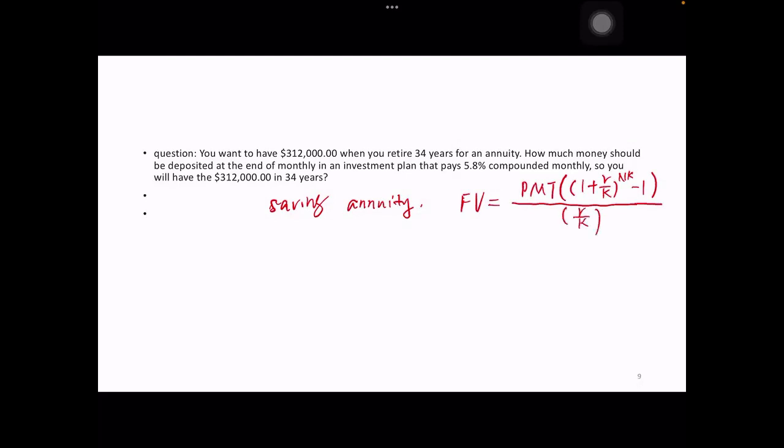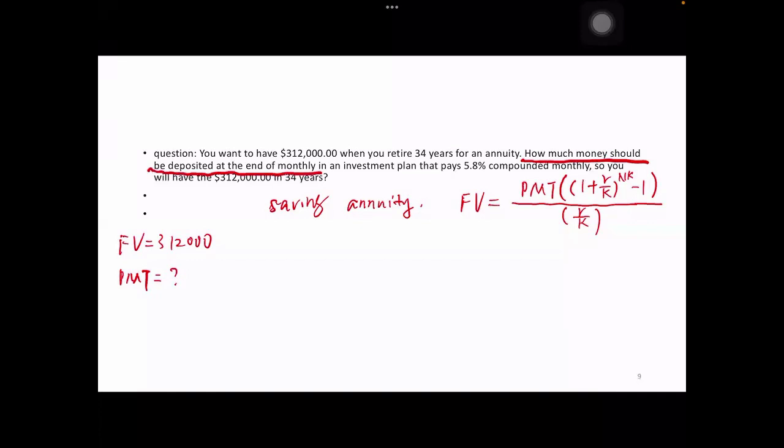So now in this problem, future value is given, which is 312,000, and payment is what we're looking for. If you read the question, how much money should you deposit at the end of each month? So payment is the unknown quantity.